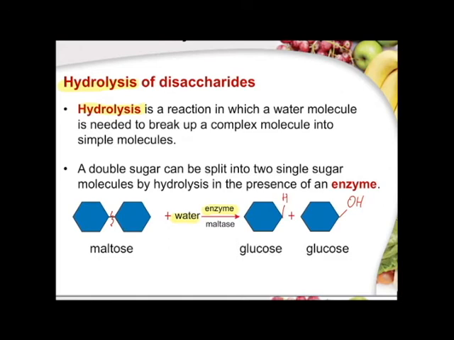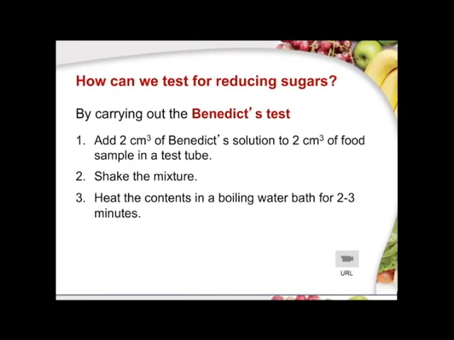You add the molecules of water. So it will join back, maybe one hydrogen here, maybe another hydroxide here. But of course, there are more atoms here. This one is too complex for you to understand at O level and N level. You will see more in A levels. Okay, so this is how it's done. And usually hydrolysis requires enzymes and not just water alone in your human body.